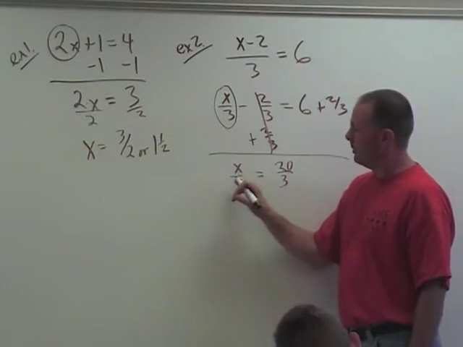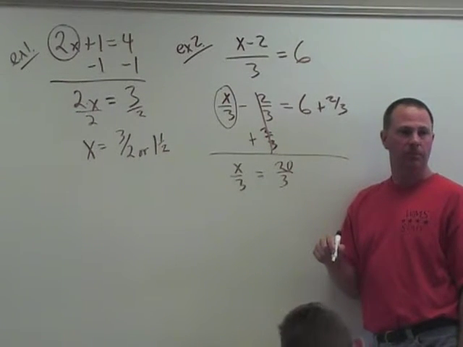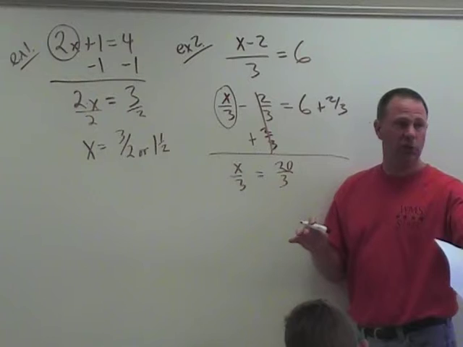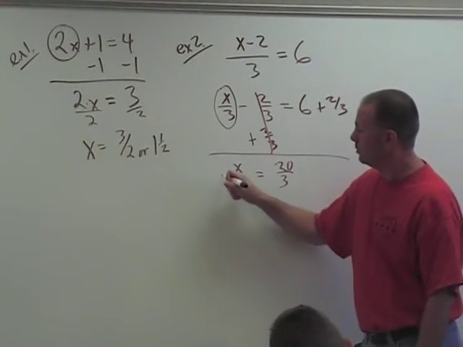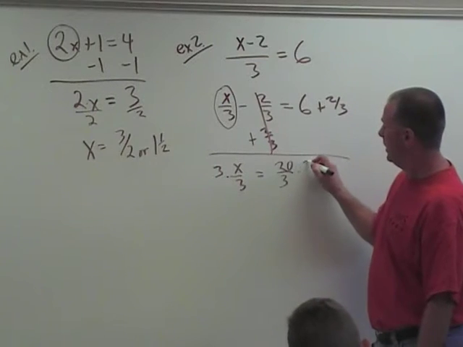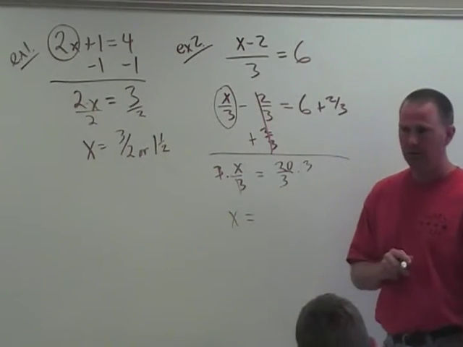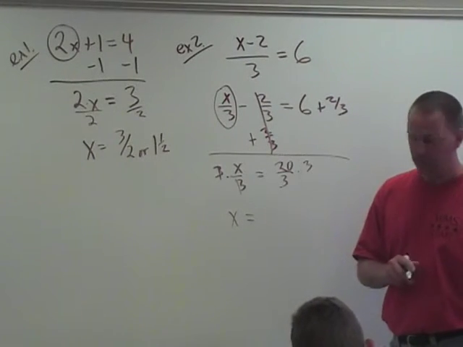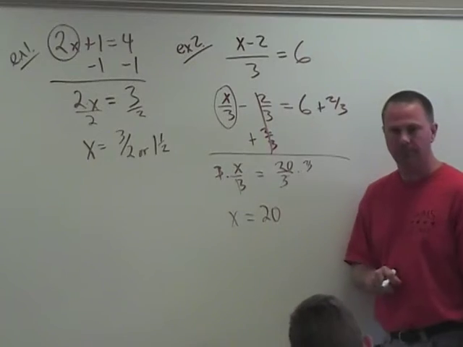So you can either do the opposite operation or multiply by the reciprocal. It doesn't matter. You get to choose. It's attached by division, so I'm going to multiply by 3. When I do that, that reduces to a 1. This also reduces, and it leaves just 20.